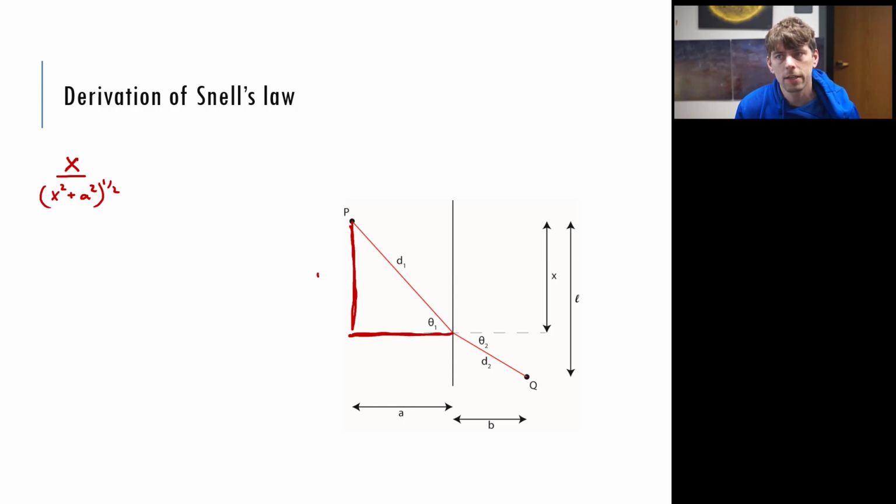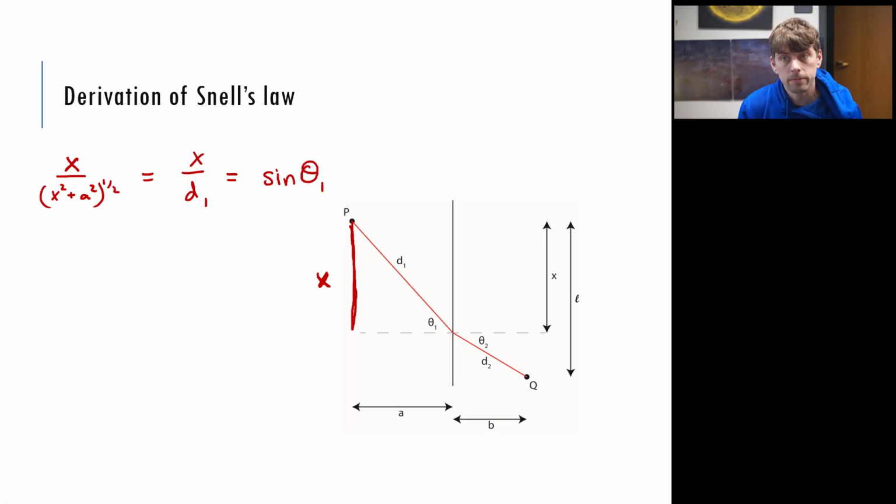And so we recognize that x represents the opposite leg of a triangle. Notice the angle is between the normal and the incoming ray. x is the opposite side, and d1, well, that's the square root of x squared plus a squared. I can rewrite this. I could back substitute. This is d1. And we recognize that as simply being the sine of theta 1.